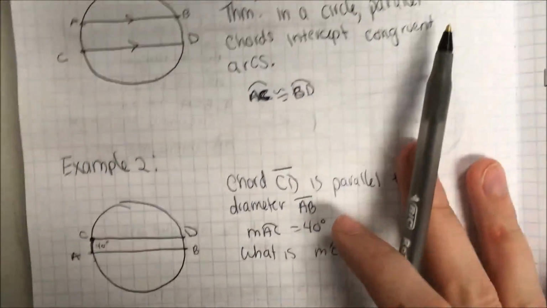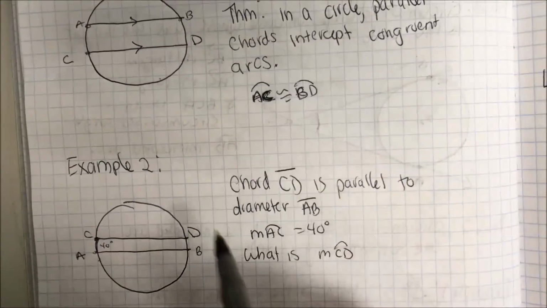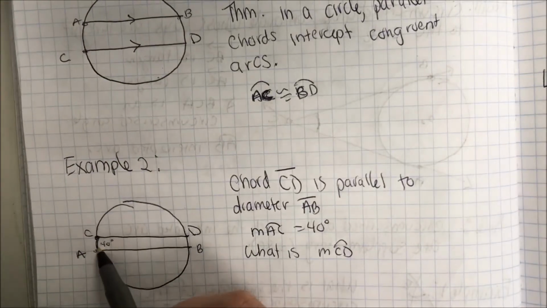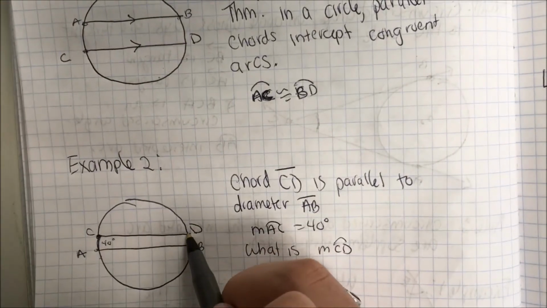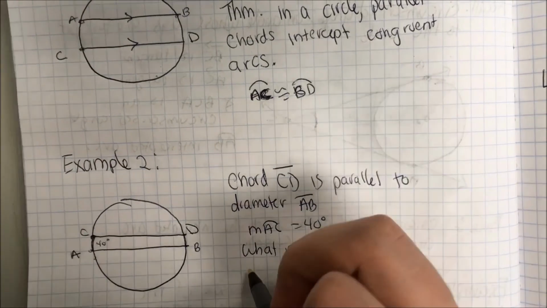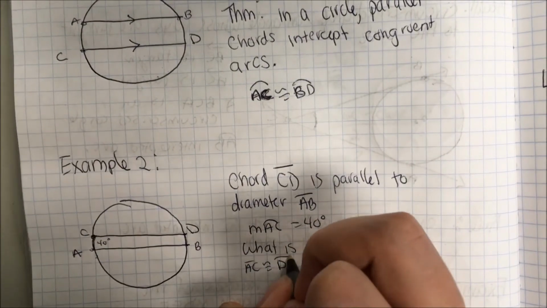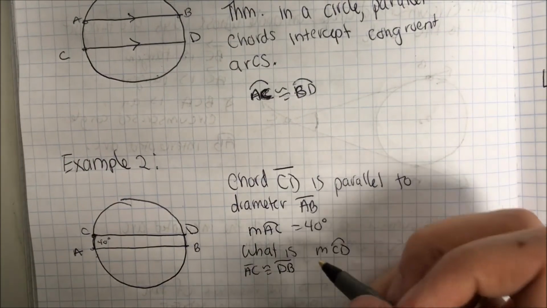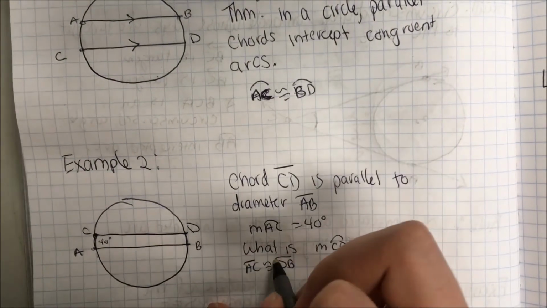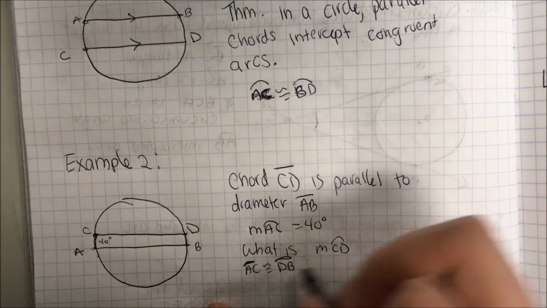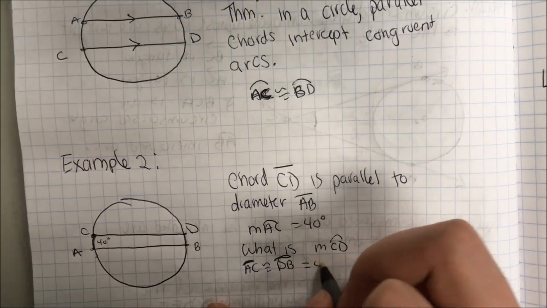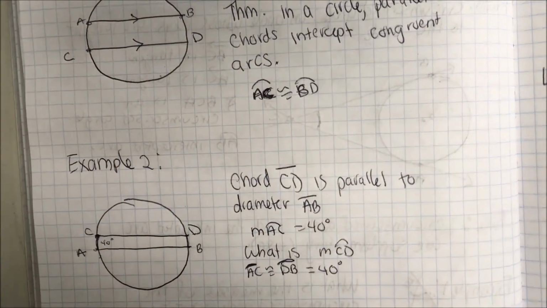So since in our theorem we say in a circle parallel chords intercept congruent arcs, then arc AC would be congruent to arc BD. So arc AC is congruent to arc DB, so they're both 40 degrees.